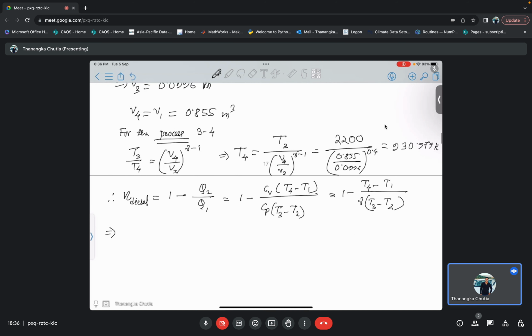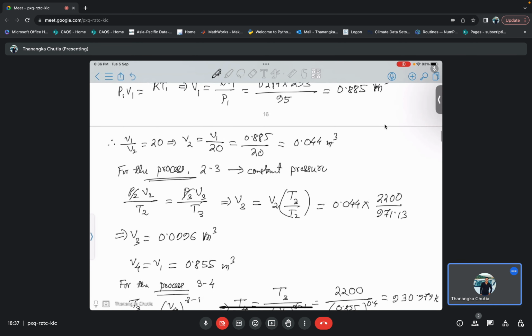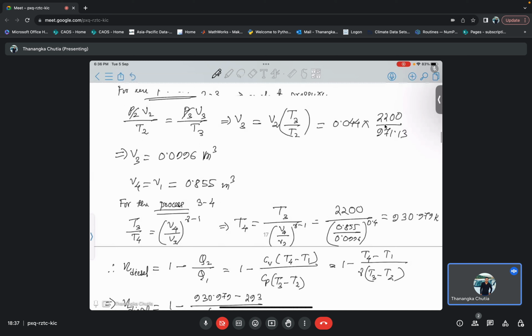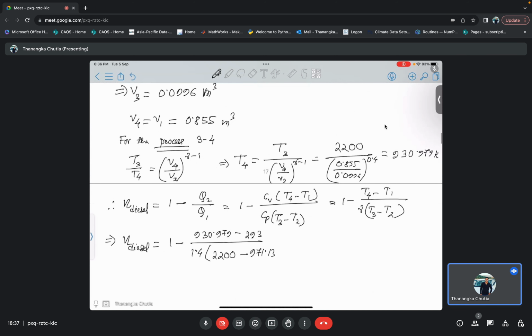So eta diesel is 1 minus T4, which is 930.979, T1 is 293, gamma is 1.4, T3 is 2200 and T2 is 971.13.